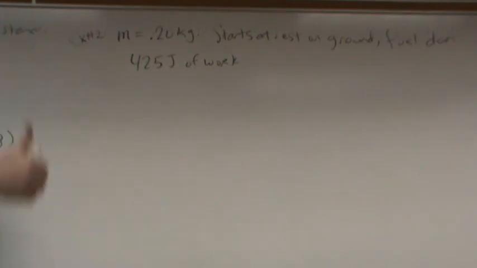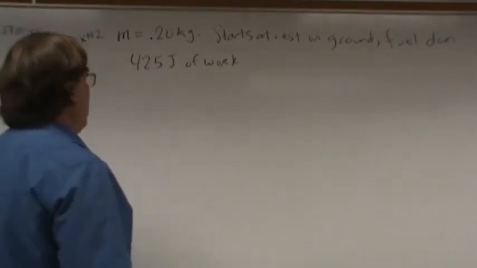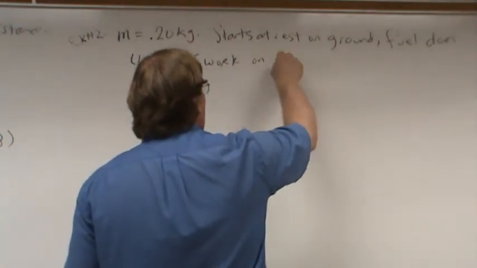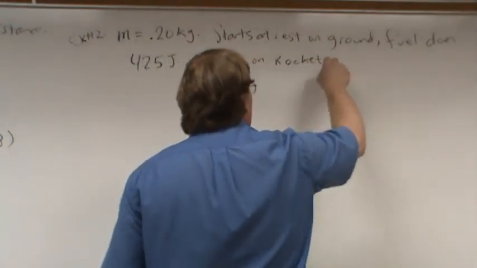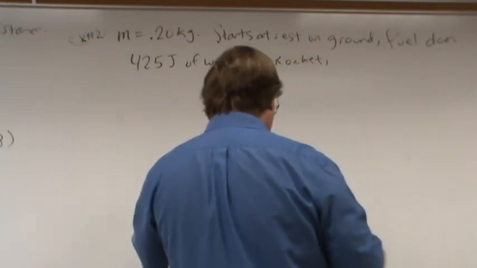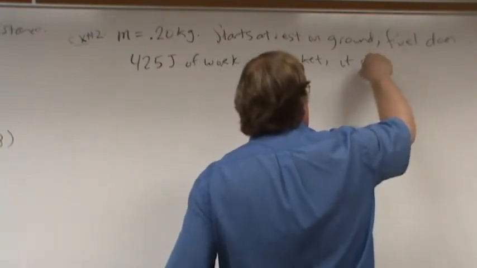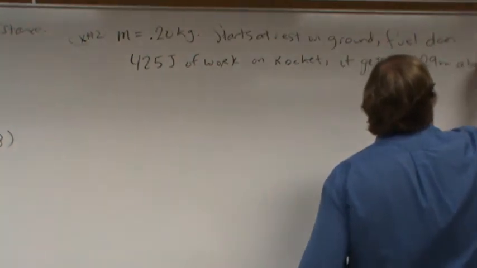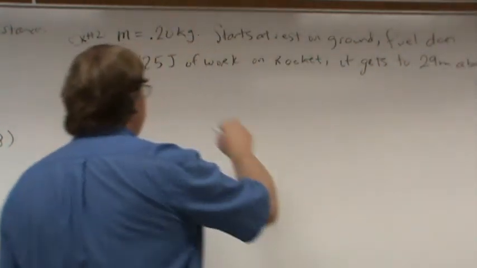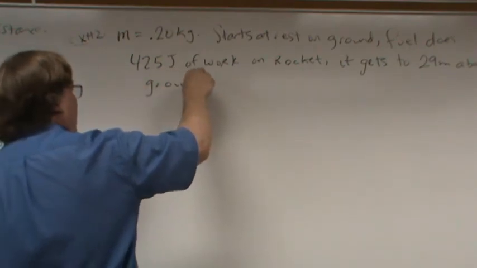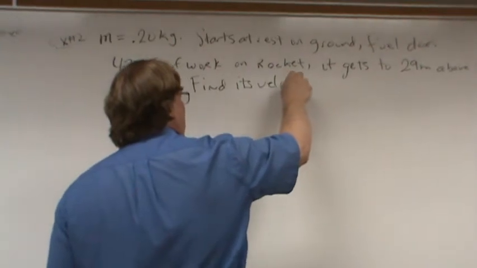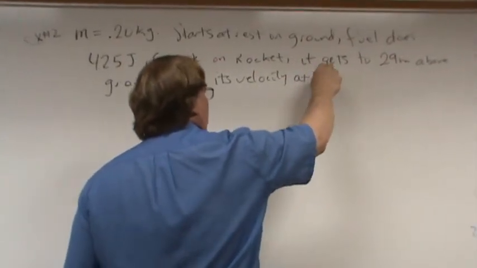So it's essentially the fuel is like a giant hand pushing the rocket upward. So the fuel does 425 joules of work on the rocket. And it gets to 29 meters above the ground. Find its velocity at that point.